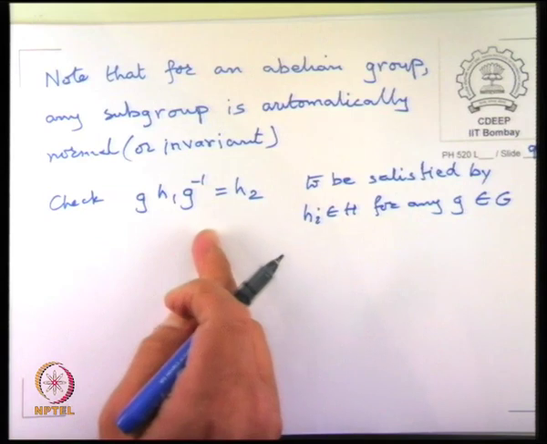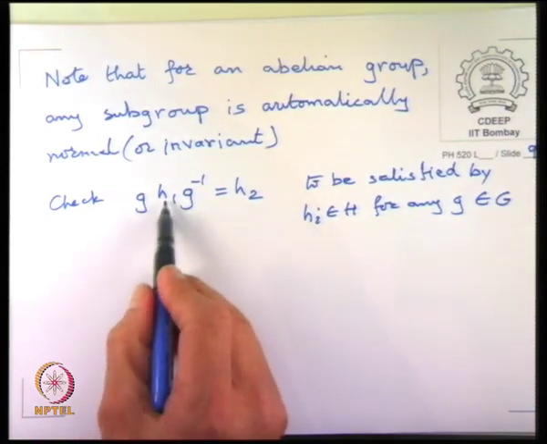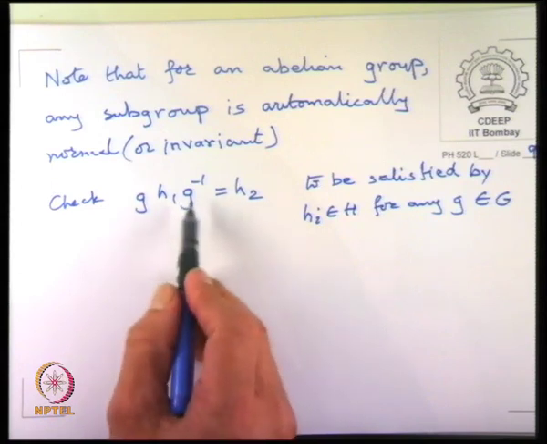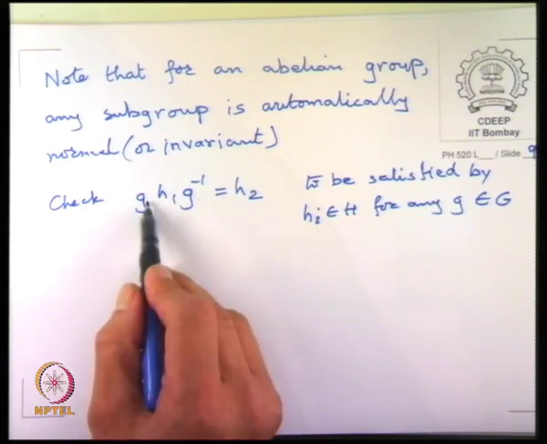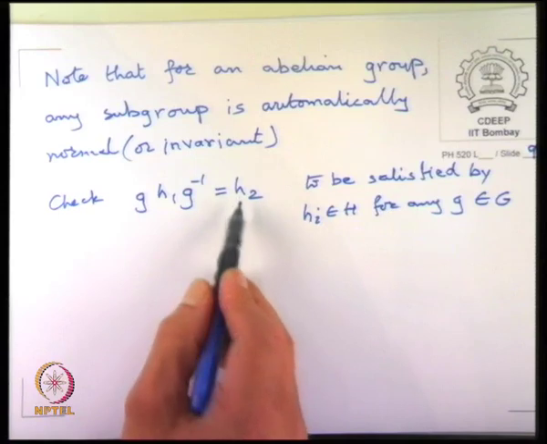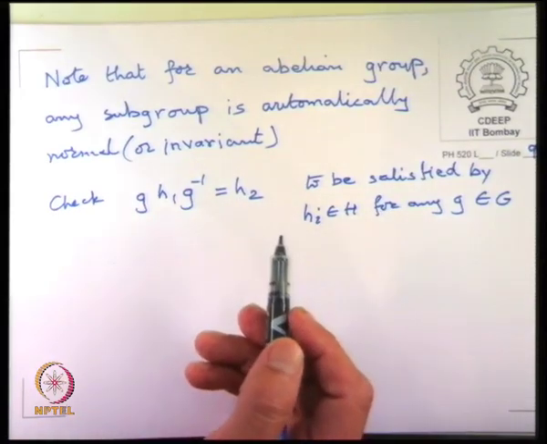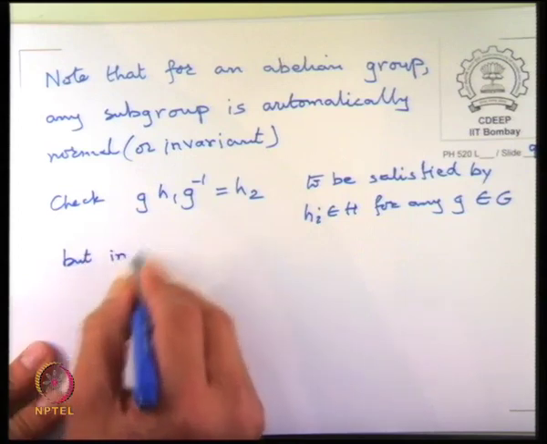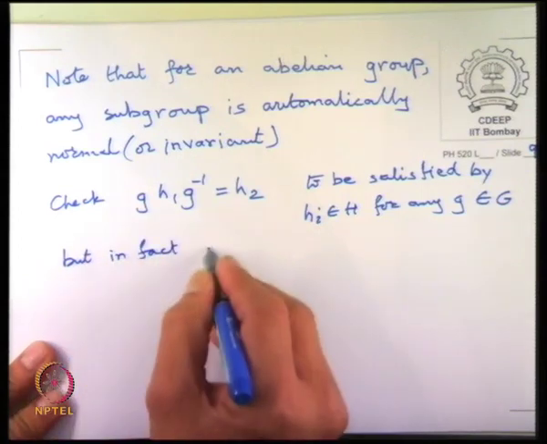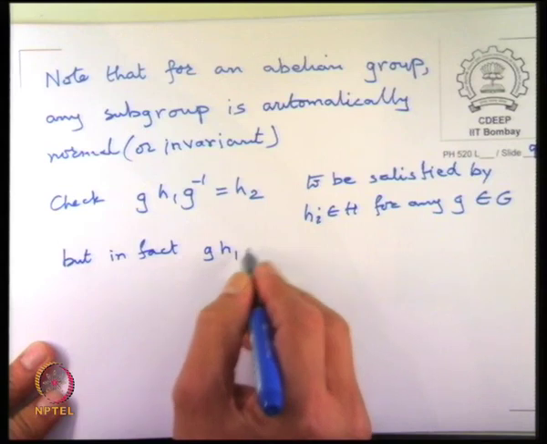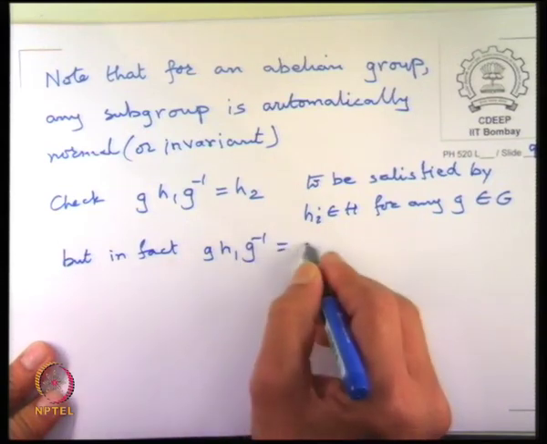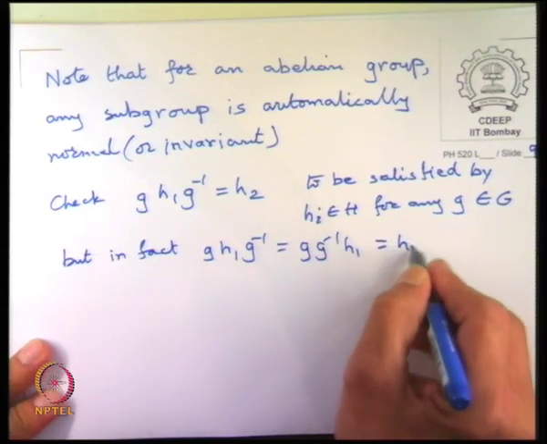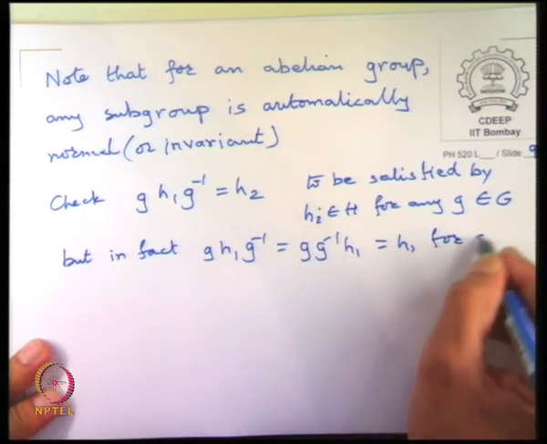But this is always true because H1 and G inverse commute. It's an abelian group. So I can always bring G inverse to this side. So in fact it leaves H1, H1, for an abelian group.